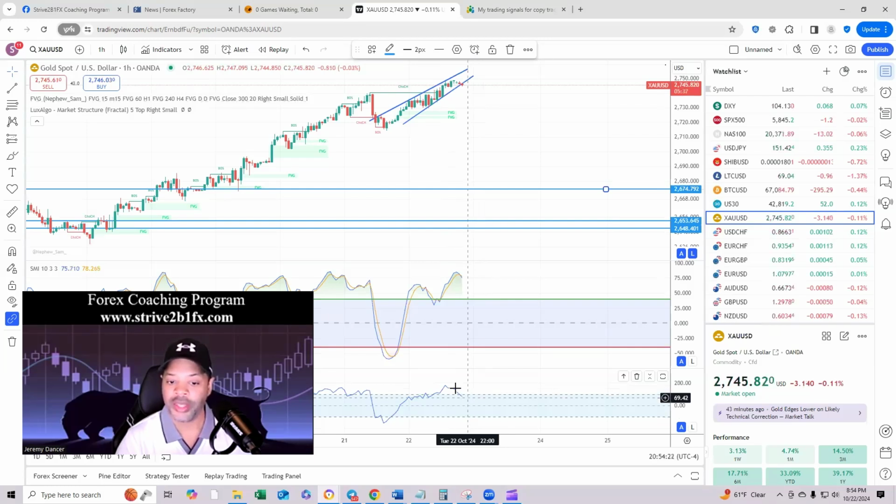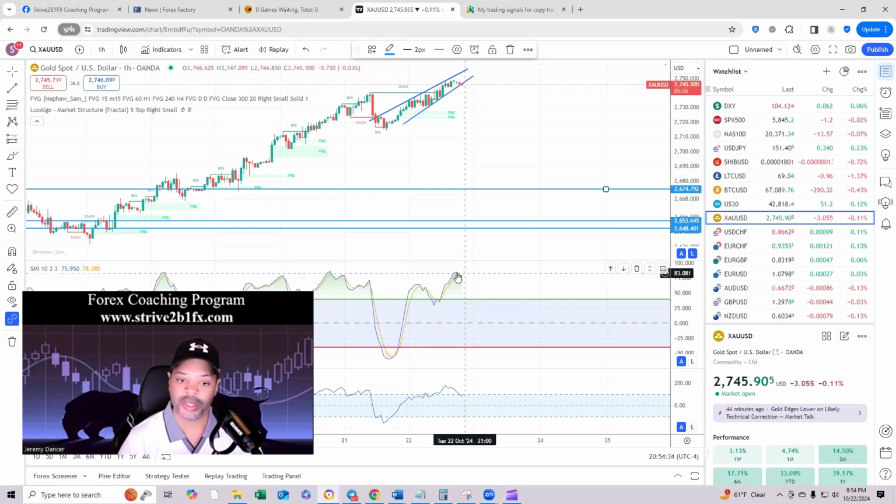So when the CCI falls below the upper line, that is a confirmation that the price is overbought and the momentum is going downward. And the same thing with the stochastic. Stochastic lags a little bit, just keep that in mind. But this is a great setup that is forming.